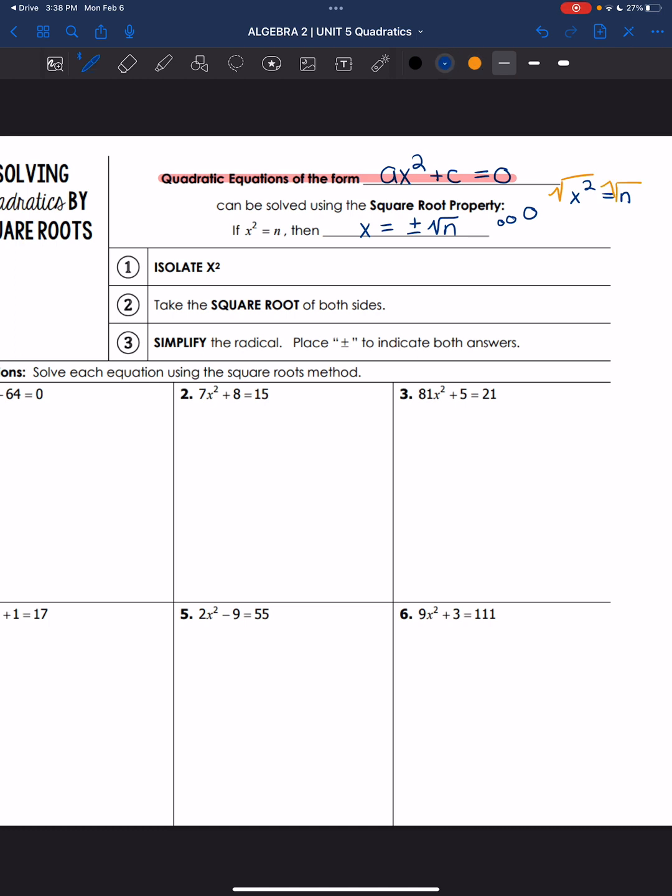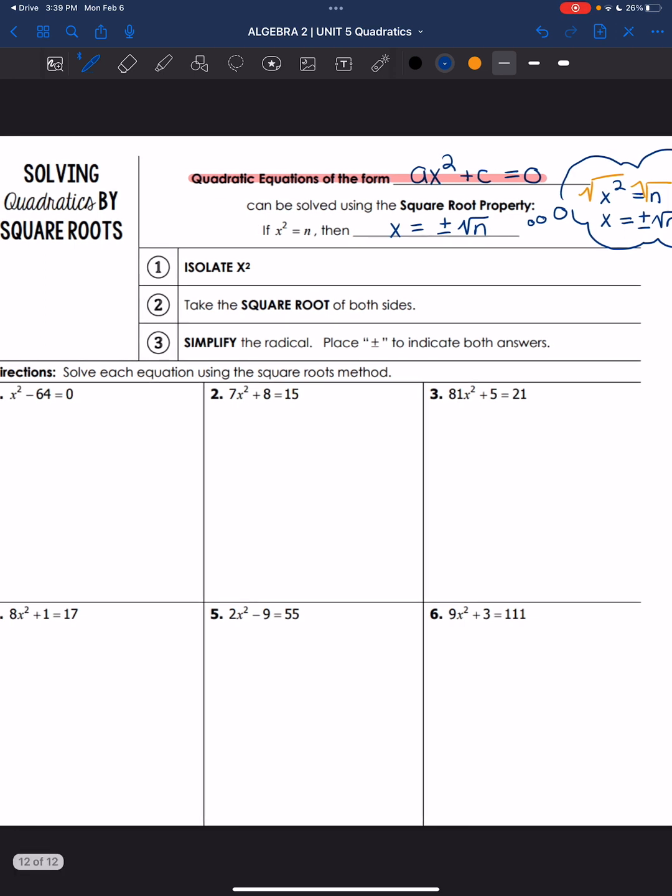But, ladies and gentlemen, when we do that, there are actually two possible values that would make this true. Both the positive value that's squared and the negative value that's squared will give us that n value. So we want to make sure that we always have both the positive and negative square root of that value when we're taking the square root. So that is the square root property that we want to be aware of.